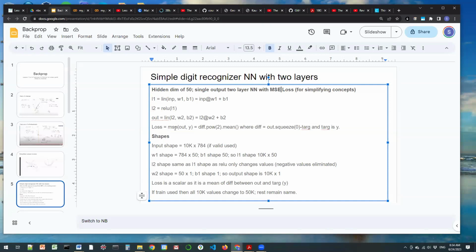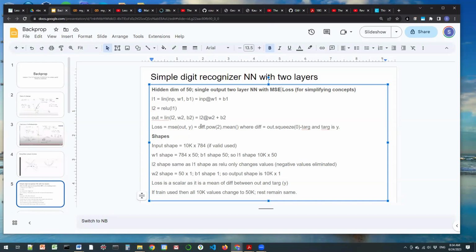The loss is the MSE, and the MSE is, as I mentioned, the difference between the out values that the network produces. The network produces, remember, a single output, which it thinks is the value it's trying to predict for the integers, whether the image is a 3 or a 5 or a 7.